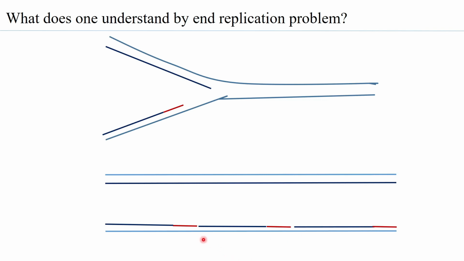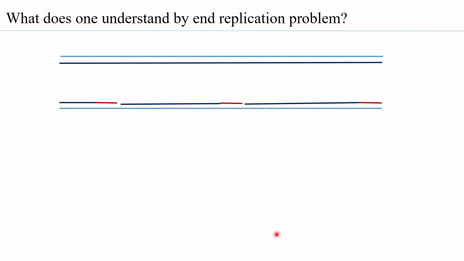When we say matured, we mean that these primers have to be replaced, filled up, and then sealed. So considering that, let us note that, for example, the primers are removed. On removing the primers, using this 3' OH, you would have the DNA polymerase filling up the gap.